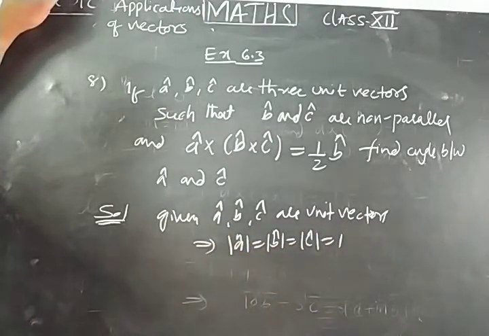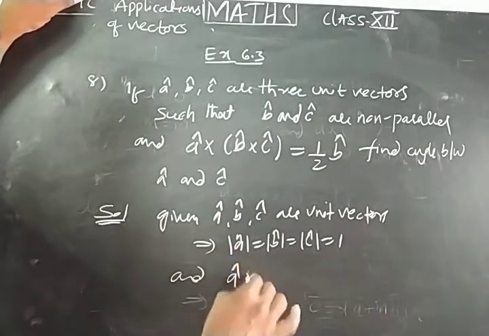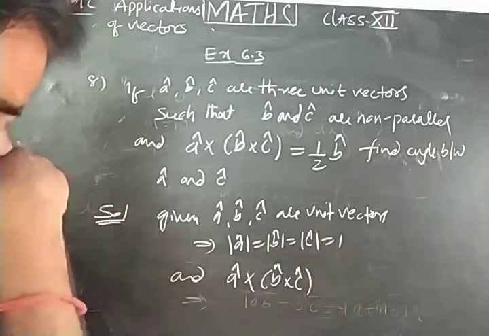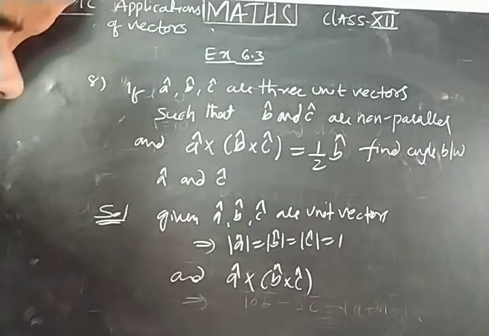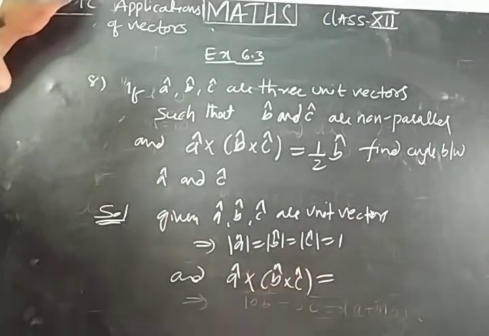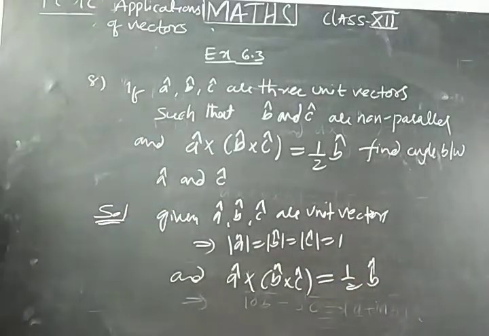Next, B and C are non-parallel, so I am using this given: A cap cross B cap cross C cap. A cap is nothing but a vector that has only direction, and its magnitude is 1. Unit vectors are denoted by cap. Okay, equal to 1 by 2 B cap.